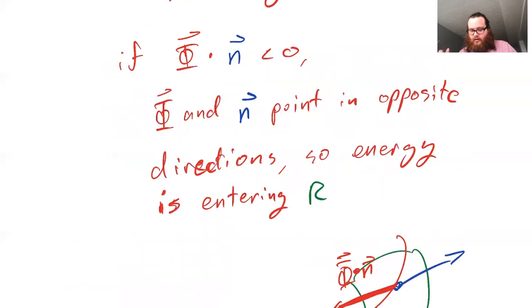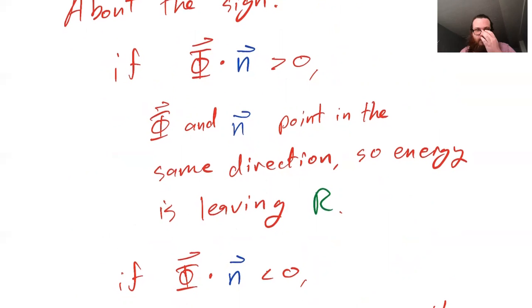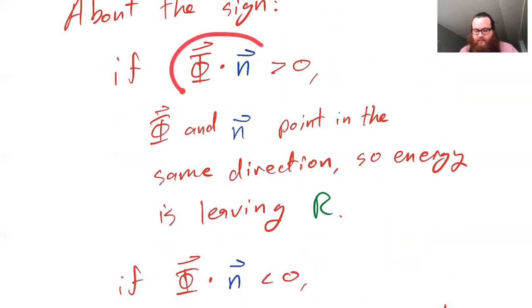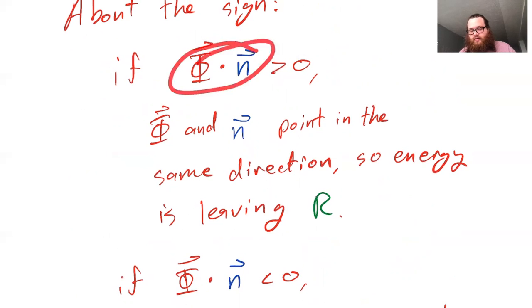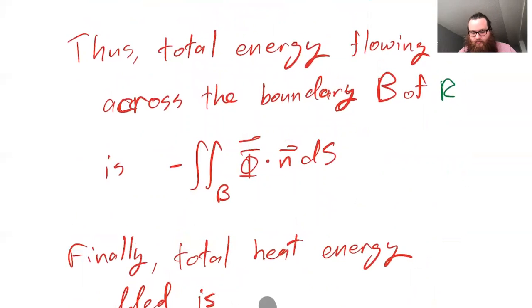So flux is sending energy out of the surface, and phi dot n should be positive. But whatever flux we're losing across the boundary should be taken away from the total energy. So the change in energy should be minus this thing, since energy is leaving R. And that's where this minus sign is coming from. Otherwise, this is computing the total flux of the boundary.